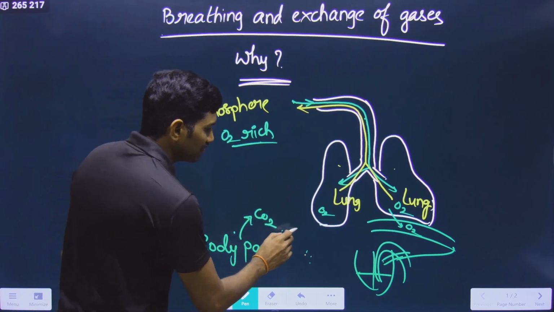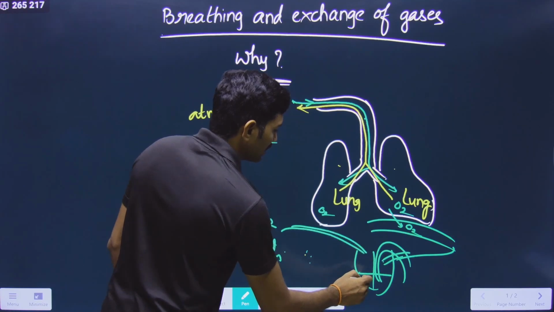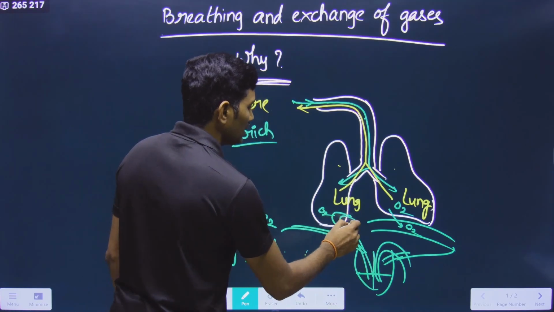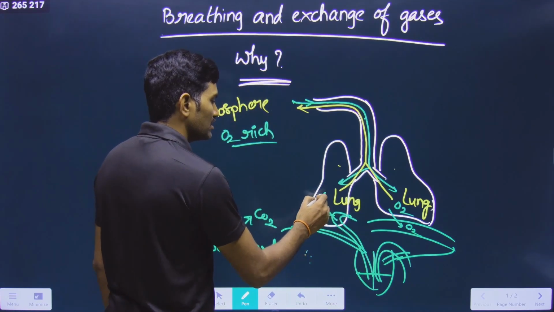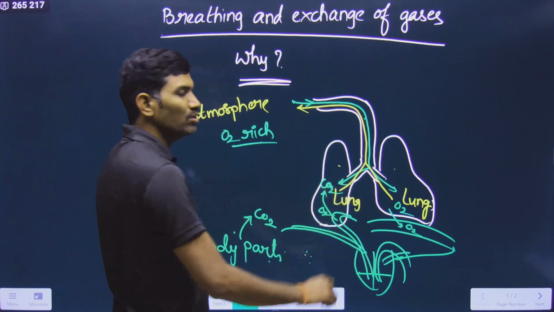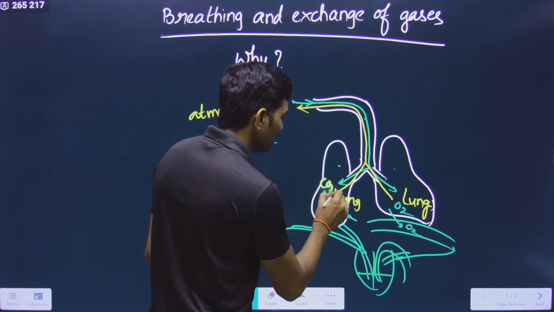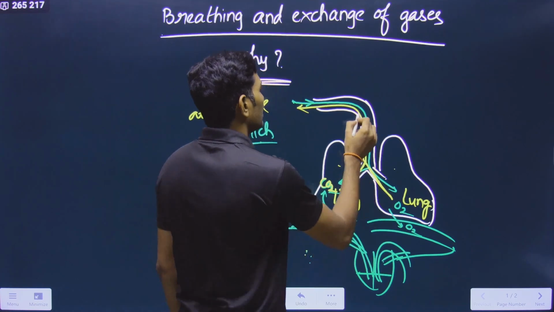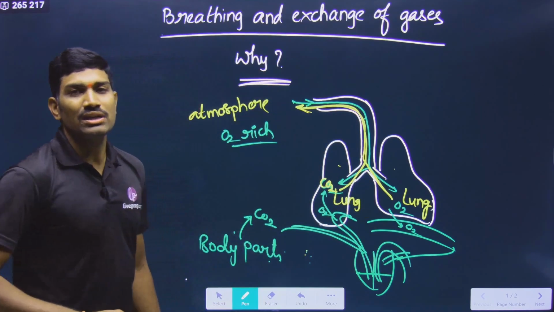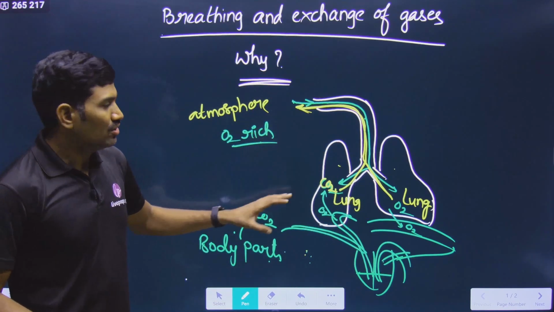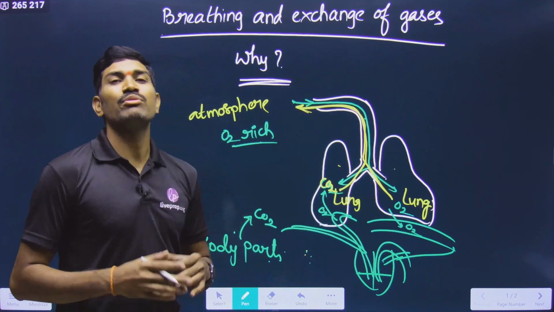This released CO2 comes once again to the heart, and then to the lungs. At the lungs, CO2 is released from the blood into the lungs. And this CO2 from the lungs is released outside the body. Yes or no? This is the overall idea of the breathing process.